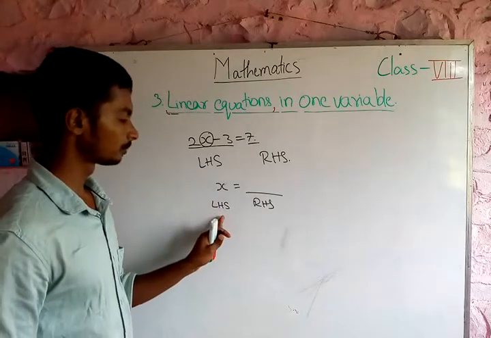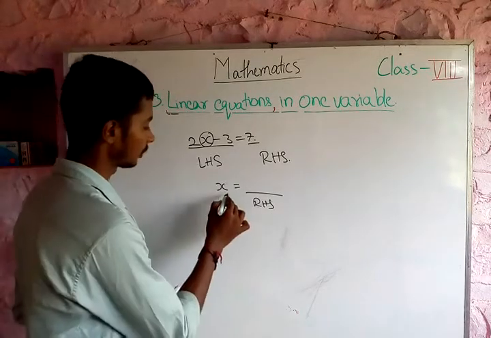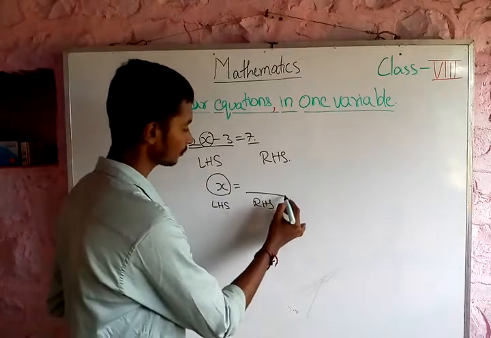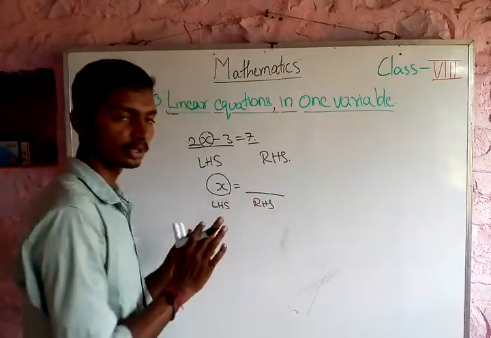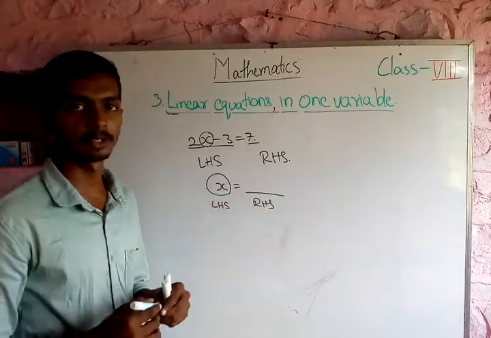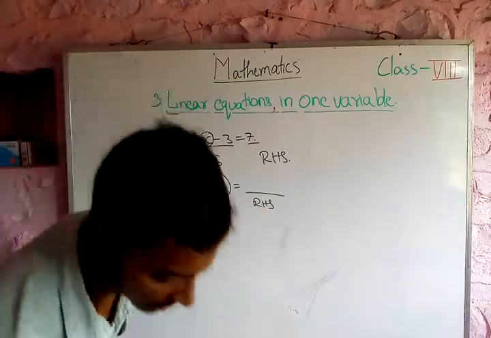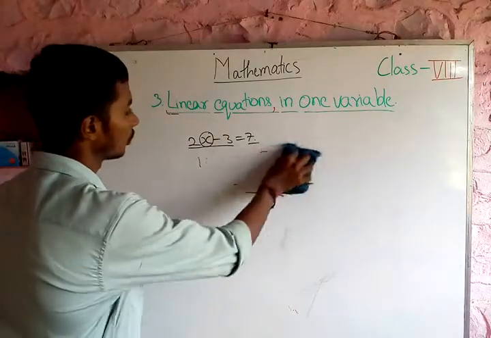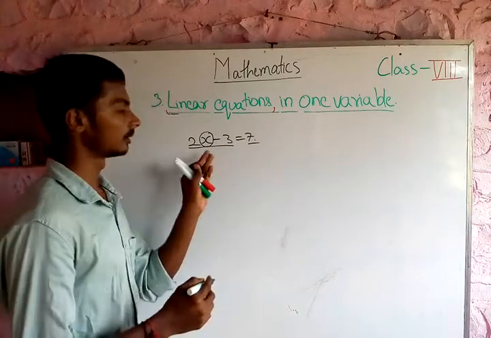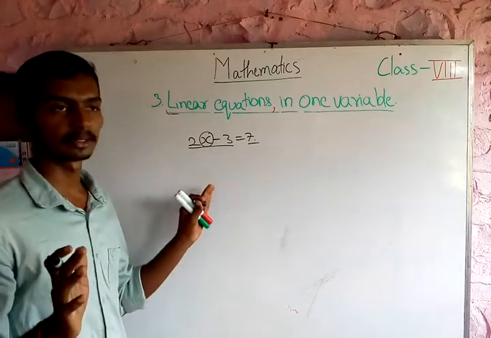On this side you must remain with only x, and on this side you must have something. Then only you can say that x is equal to something, that we have found x. Okay, now see how to solve this. What I told, on this side I must not have anything other than x.